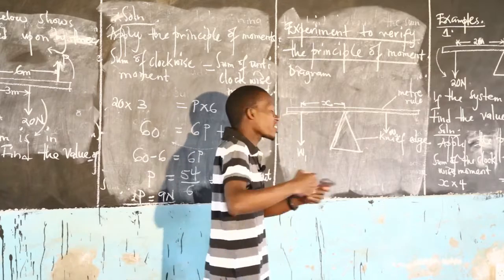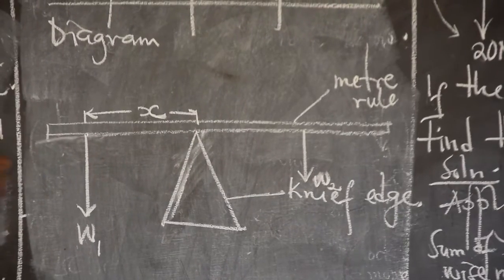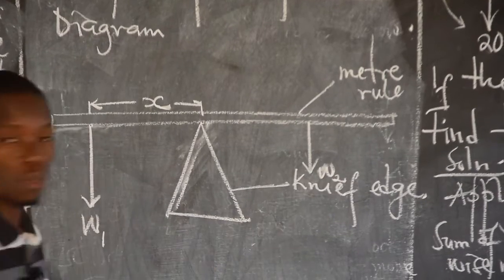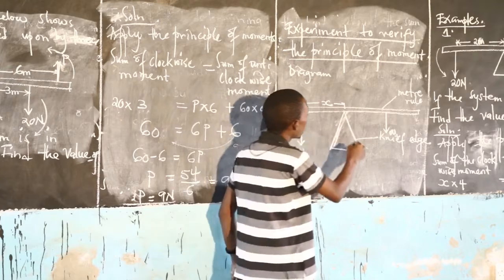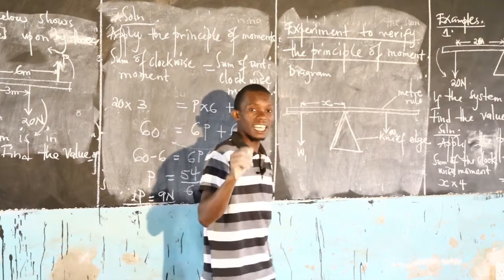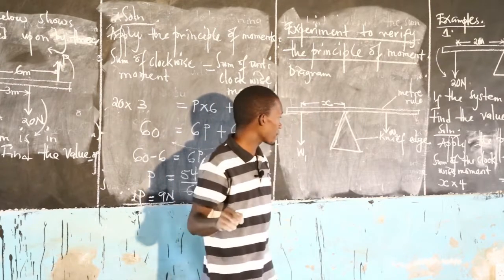We are just adjusting W2, moving it to and fro until the meter rule balances again horizontally.